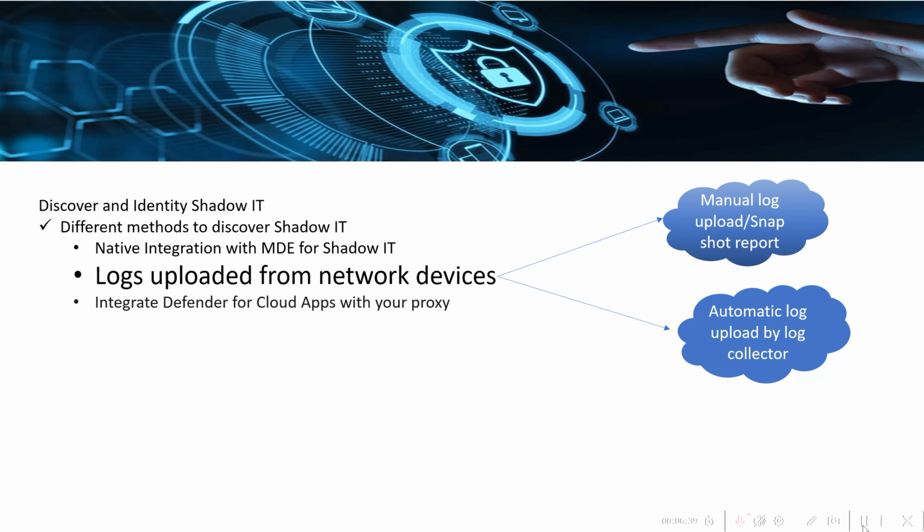So you can get the logs from your network devices, that is either firewall or proxy. Those network logs can be manually uploaded in your MDCA console, and post analyzing the data, it gives you more visibility over the applications used by your employees.